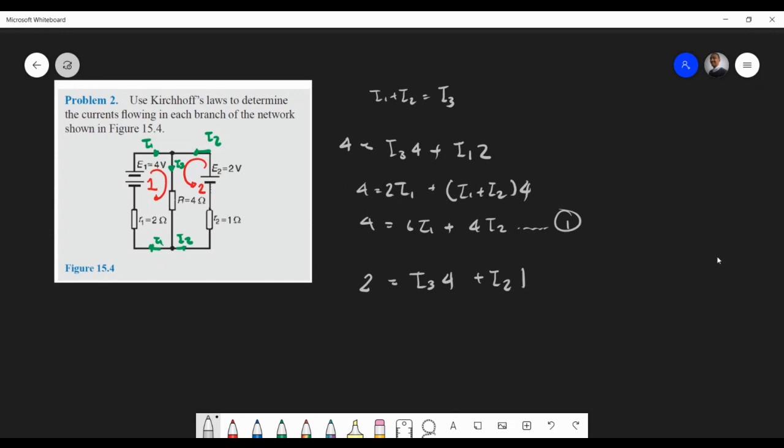And if we write this again in order, with I1 being there, it's going to be 2 equals I1 4 plus I2 5.